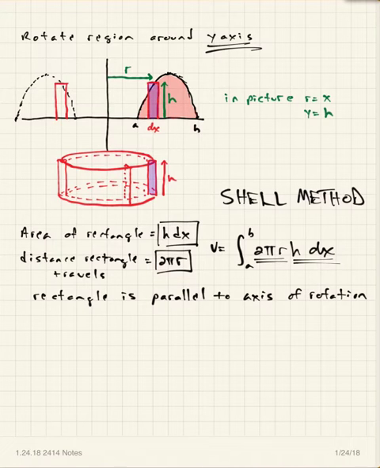And so it's 2 pi r times h. And so we use that expression there, and we end up getting the volume as a shell method problem, where this is the distance it's traveled. This is the circumference right here, 2 pi r. And h dx represents the area of the rectangle.